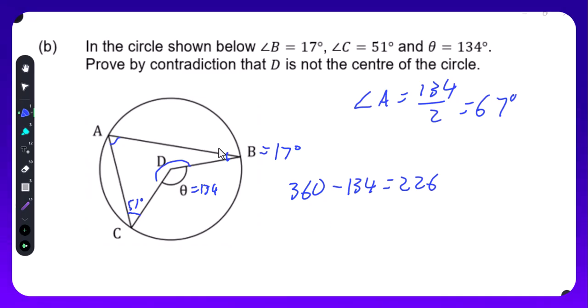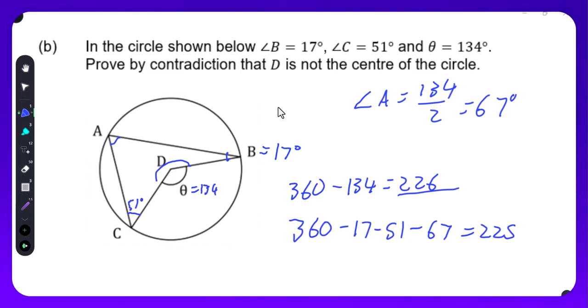We'll just do the other ones first. We'll just say it's 360 take 17, take 51, take 67, and that will get us 225, which is not the 226 that we needed for it to equal 360 all the way around.